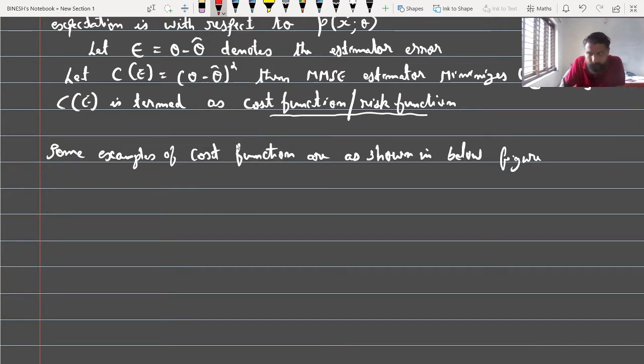This is the figure I am drawing for the cost function. This is the error, and this is the cost of that error, which is nothing but the square. You will get the cost function like this.